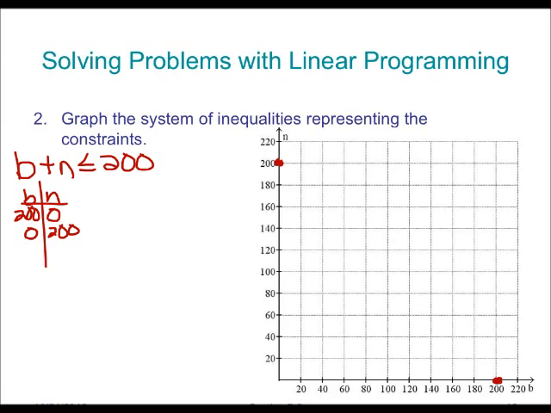Something I didn't mention before, but the first variable that we talk about is always the x variable, if you will. So the first variable we talked about was the newsprint, or b. That's always going to go along this axis right here. The second variable we talked about was the newsprint, and so that is going to go in this direction.